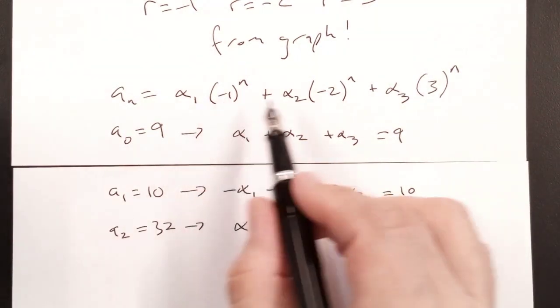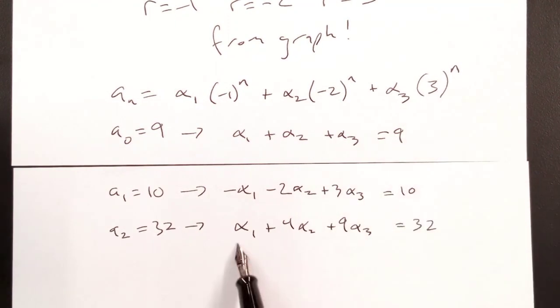Because it's -1 squared, -2 squared, and 3 squared, 1, 4, and 9.